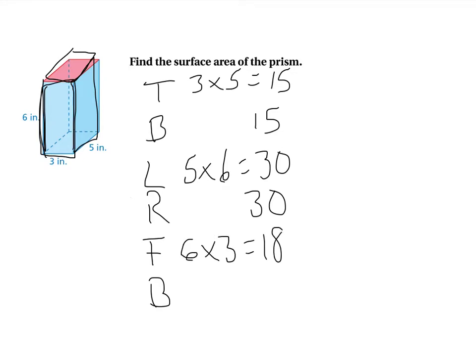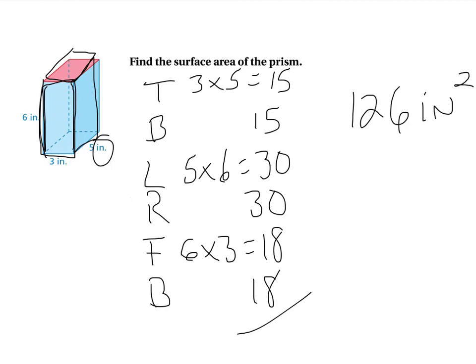And then obviously the same thing here for the back of 18. Again, once you get to that point, all you have to do is add the whole thing up. And when I do so, I am going to get 126. And again, I have to label. It's inches, and all areas always are squared, so it's 126 inches squared.